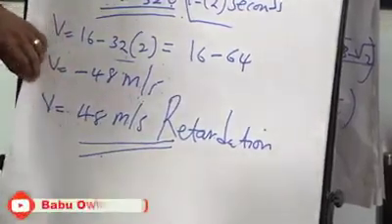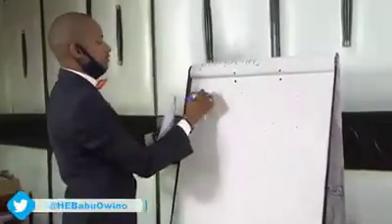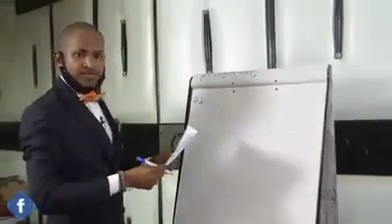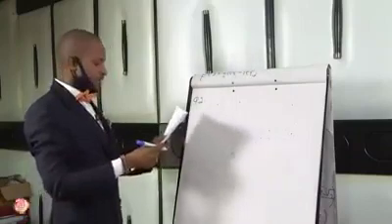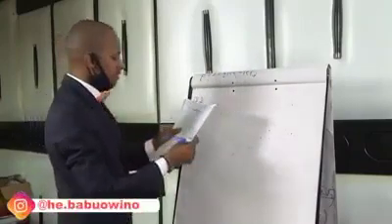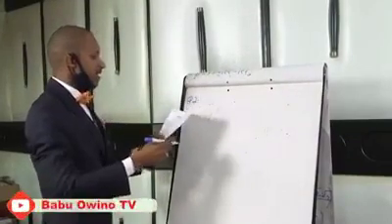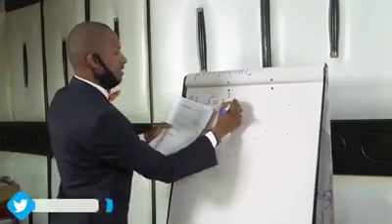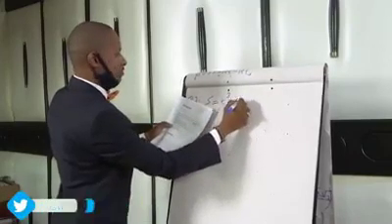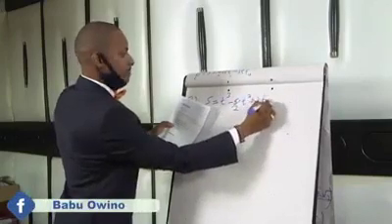Now, we proceed to our next question, question number 2. The displacement from a fixed point of a particle in motion at any time t seconds is given by displacement s equals t cubed minus 5 over 2 t squared plus 2t plus 5.